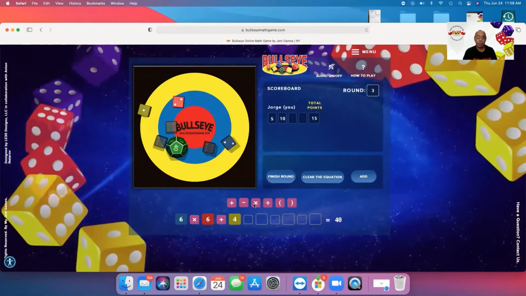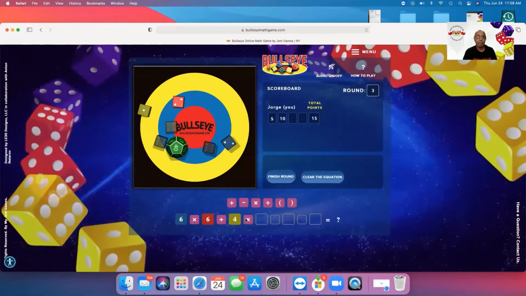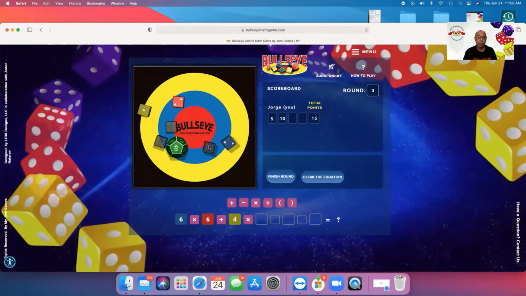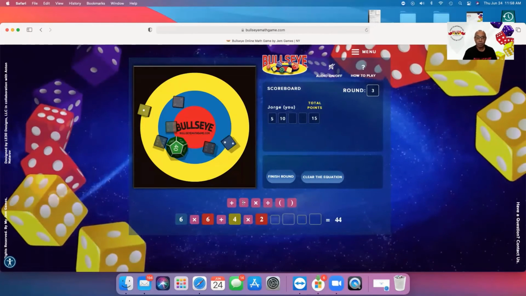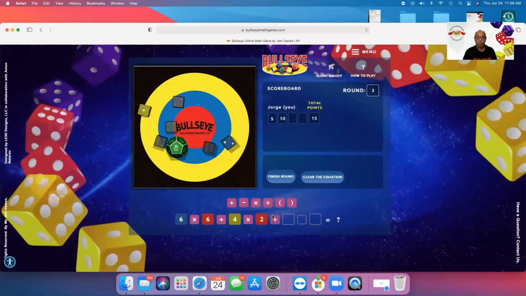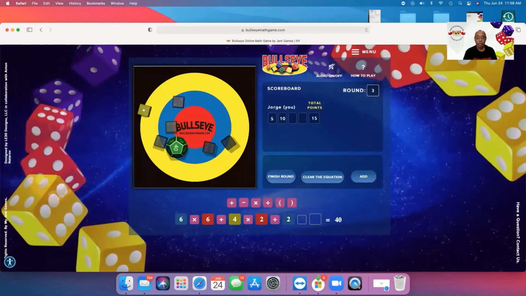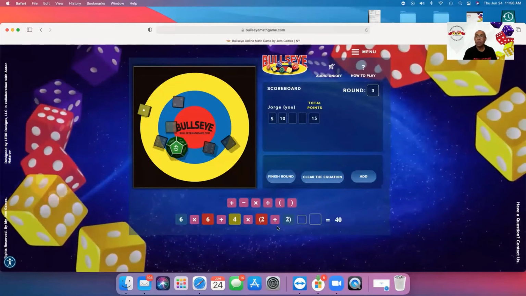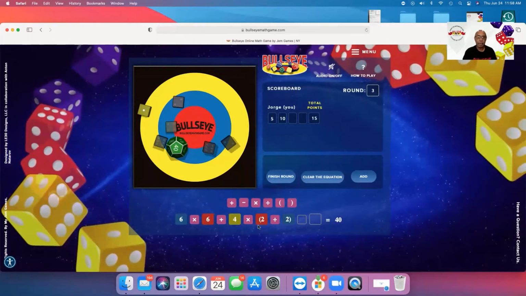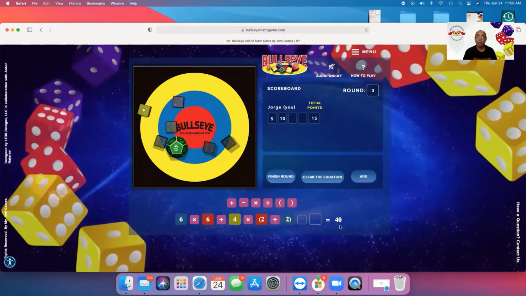But what I can do is multiply that by doing this. And I'm going to enclose 2 divided by 2 in parentheses, right? And that will give me the bullseye number of 40.